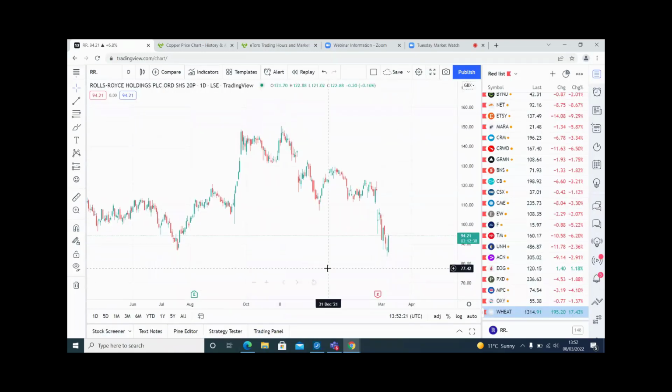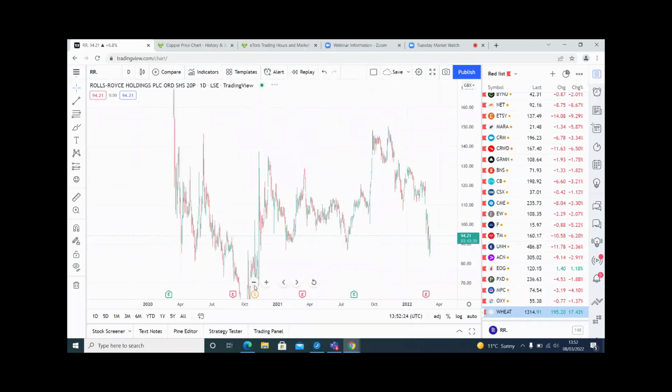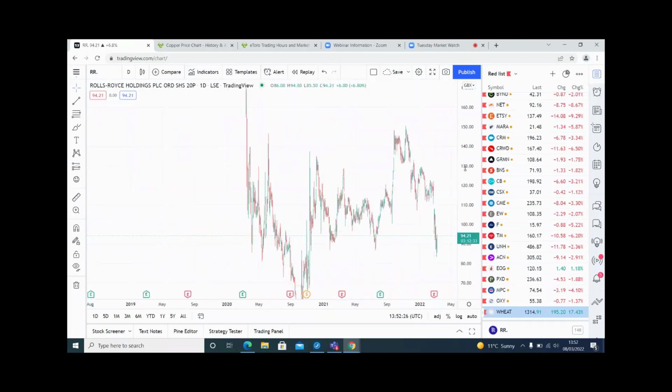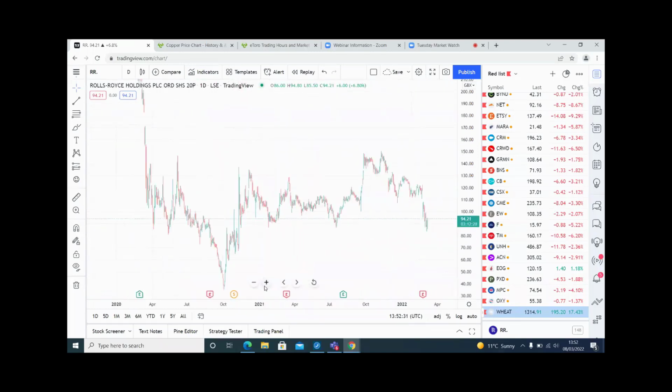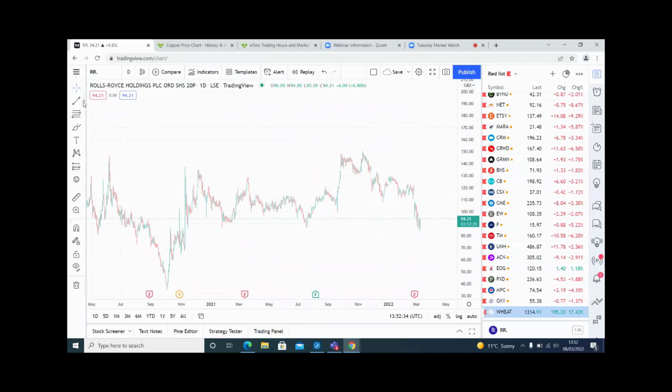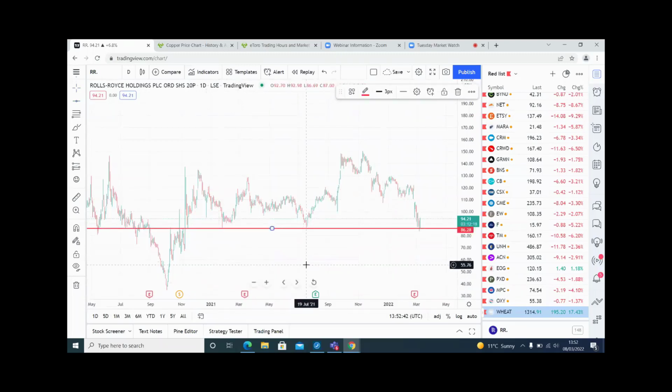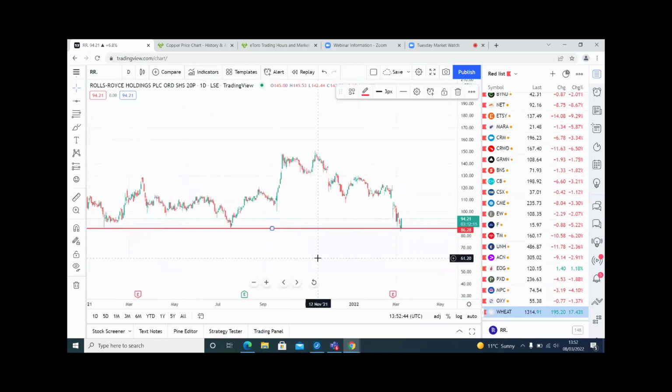So Rolls-Royce. Why do you want to look at Rolls-Royce? Are you looking at Rolls-Royce as it's hit this floor, and I'm expecting it to bounce? Are you looking at Rolls-Royce as in it's now a good buy as an underlying asset?